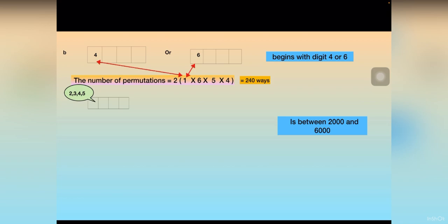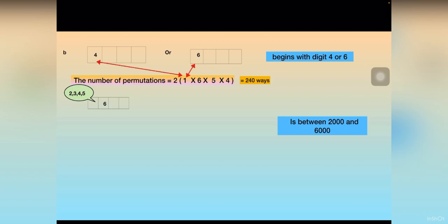We cannot use 6, because if we put 6 here, immediately we will have more than 5,000. We want this to be below 5,000 but more than 2,000. So this will be the choices.